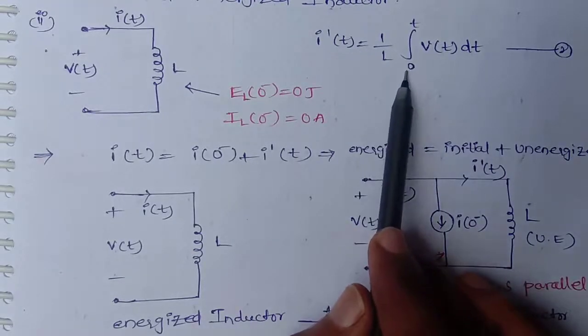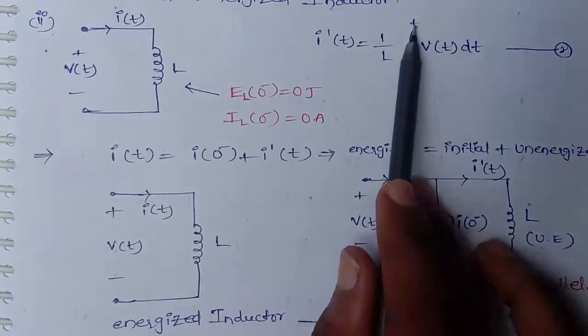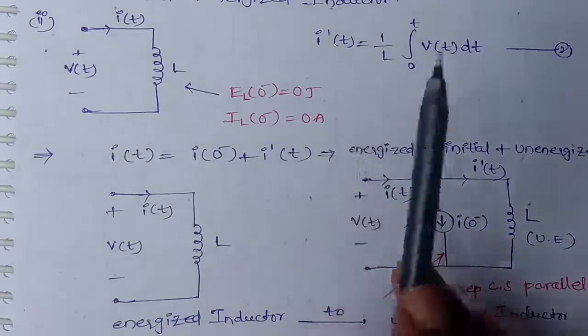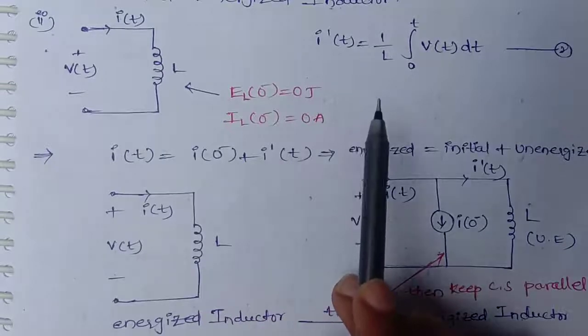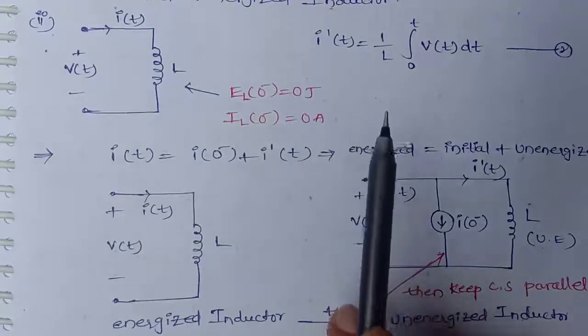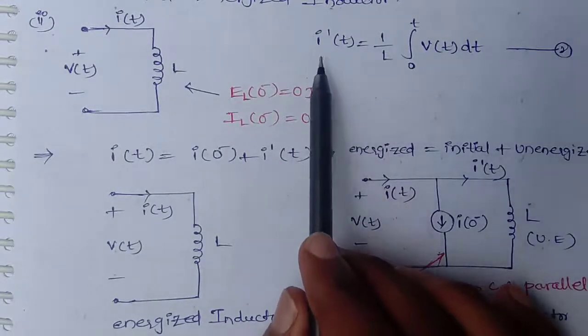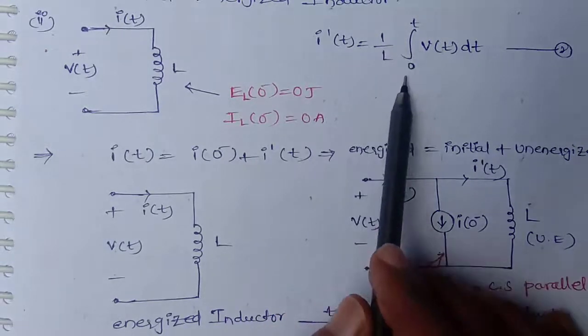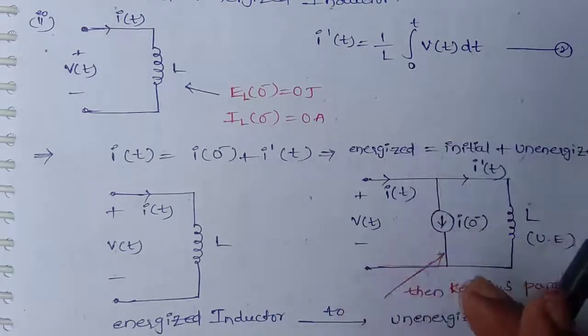So the limits are from 0 to t. The part of the limits from minus infinity to 0 becomes 0. That's why we get the current expression as i'(t) = 1/L integration from 0 to t of v(t) dt.